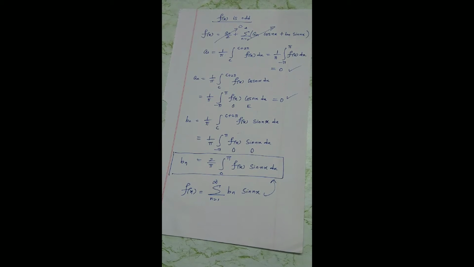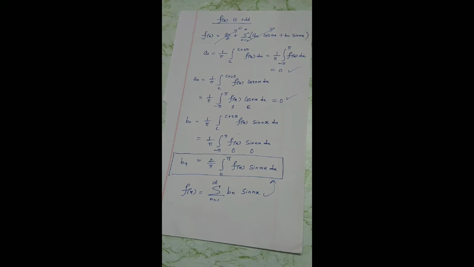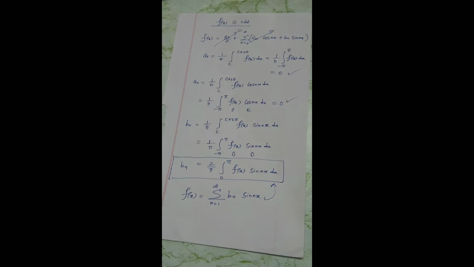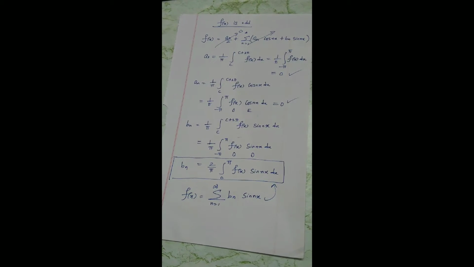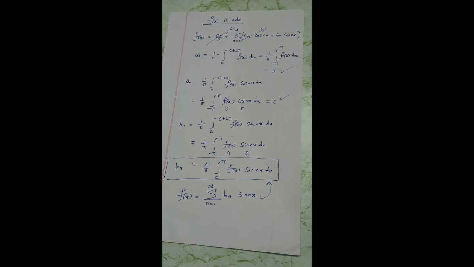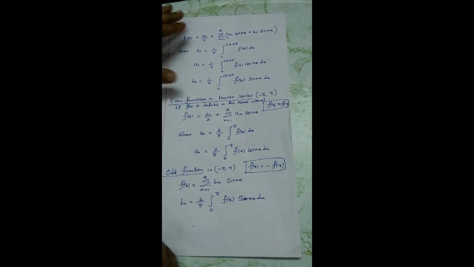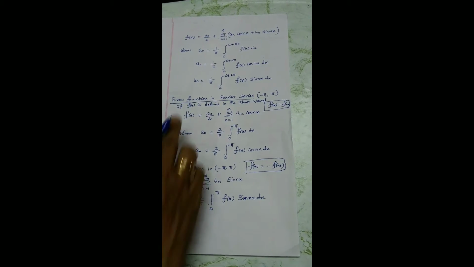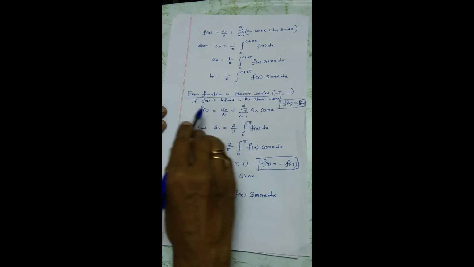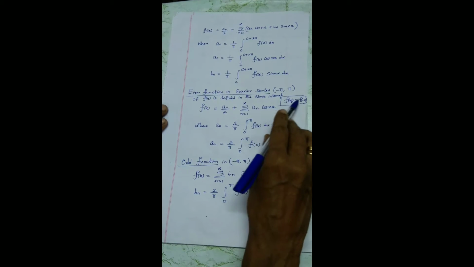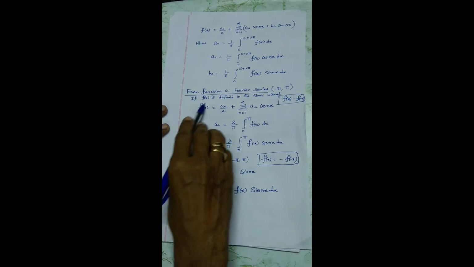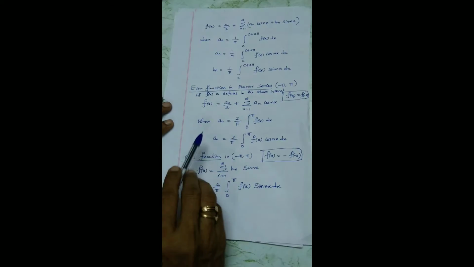I'll recall the entire thing finally in a simple form, to summarize all these combinations. Let us take the more general case. If my function is even, the Fourier series function is defined, I have checked this, then I can write immediately only the cosine term, ignoring the sine term.